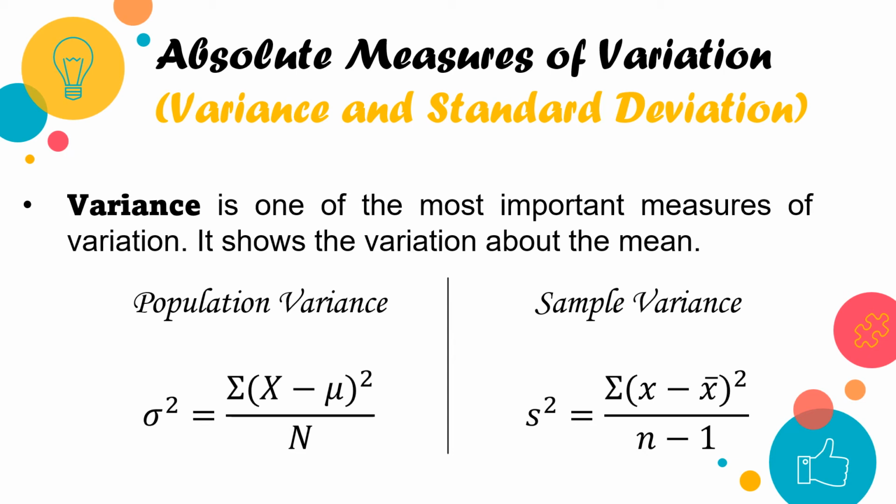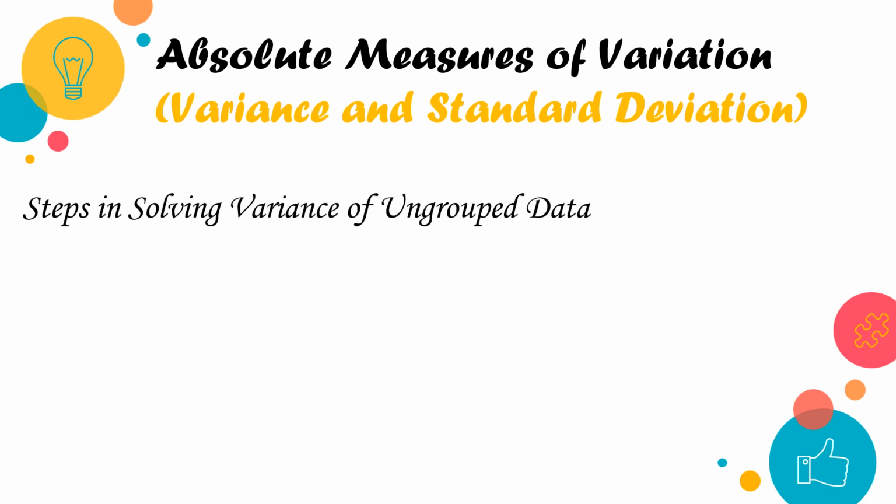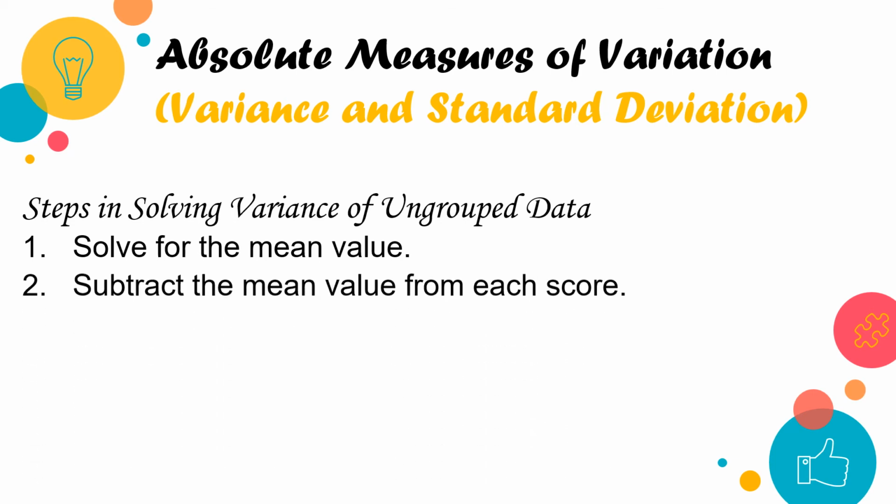And now let's look at the different steps in solving the variance for ungrouped data. Alam na natin during our CP 105 what's the difference between ungrouped data and grouped data. The first step is to solve for the mean value. Number two, subtract the mean value from each score.